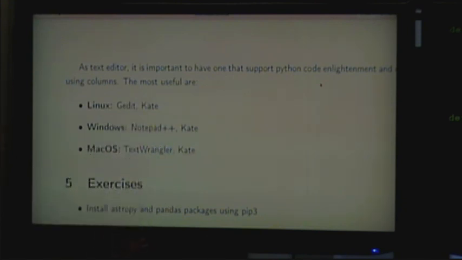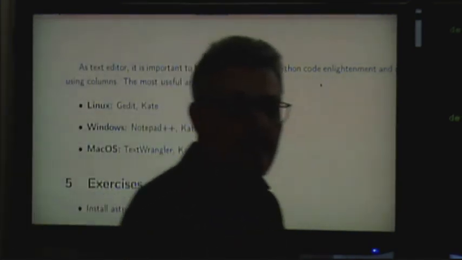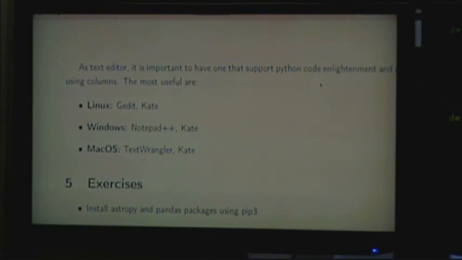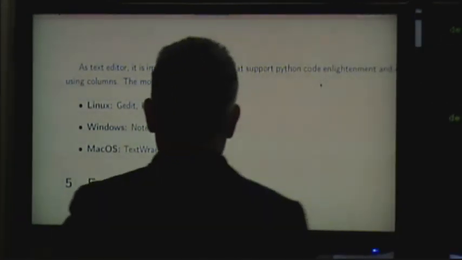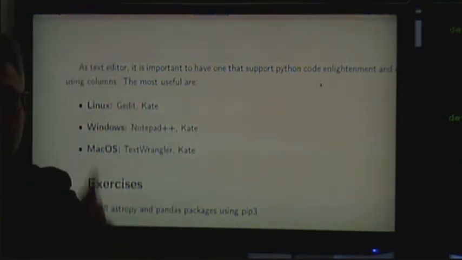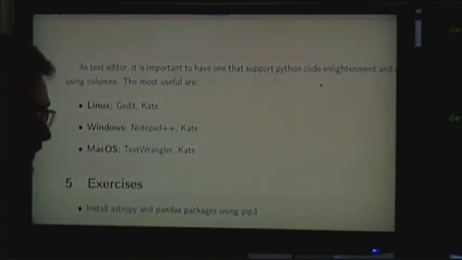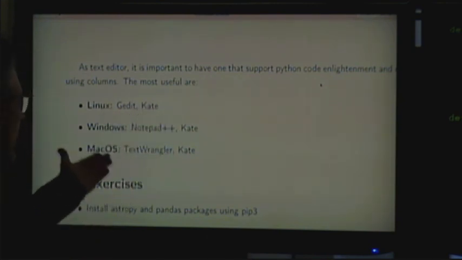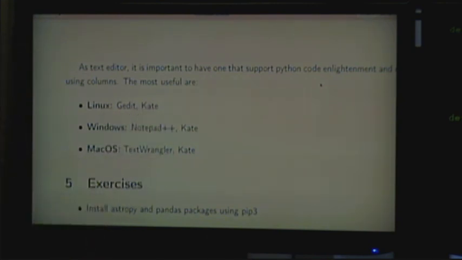It's very powerful because it detects the language, so it can put in the colors and all that stuff. And very important, it works with copy and paste of columns. It is very interesting. So I recommend Kate, or if you want, for MacOS, TextWrangler.